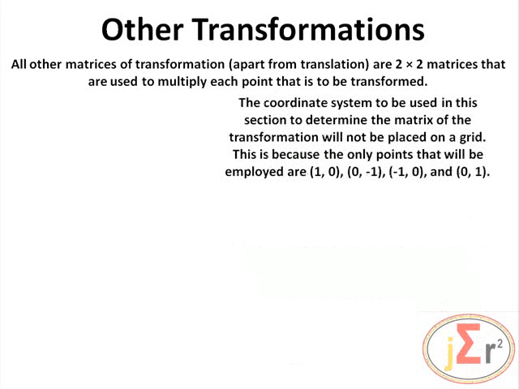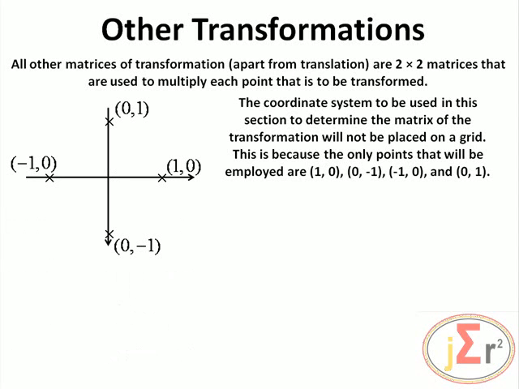The coordinate system to be used in this section to determine the matrix of transformation will not be placed on a grid. This is because the only points that we will employ are 1, 0, 0, negative 1, negative 1, 0, and 0, 1. You imagine that we don't really need to put up an entire coordinate system for that, but we can put up some figment of it.